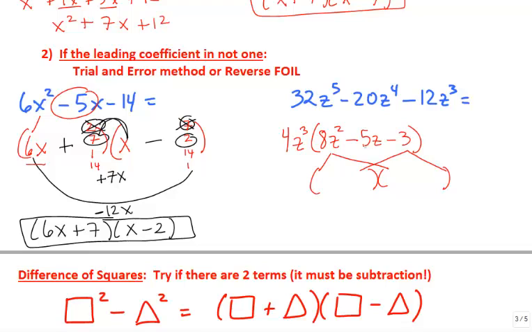So there's more than one way to get 8, but I do know I need a z times a z to get z squared. And this could either be 2 times 4 or 8 times 1, depending on the combination that's going to work. So I'm going to consider those possibilities in a moment, but let's jump to the 3.